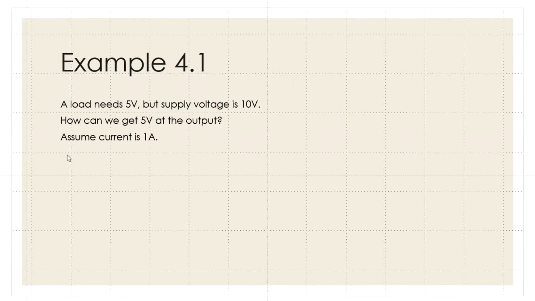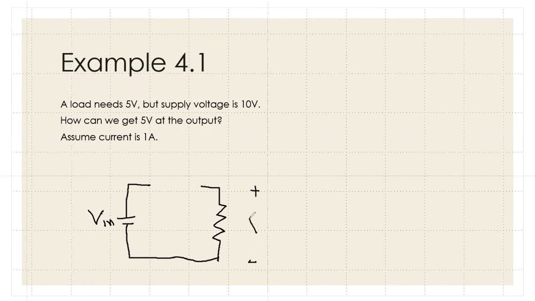Okay, so here we will have the same input and then the same output. Okay, so this is V in. Okay, so here is V out. So let's say this is our node.